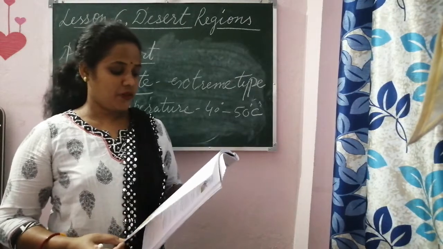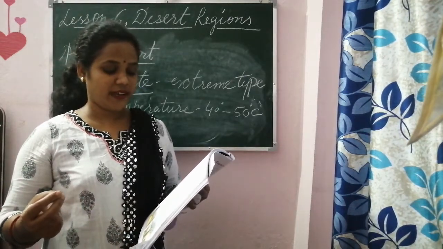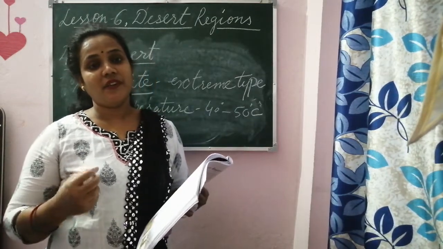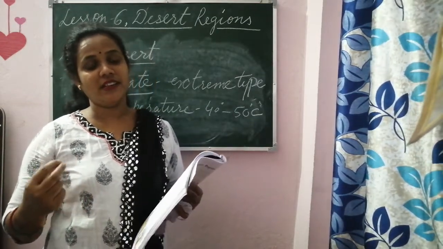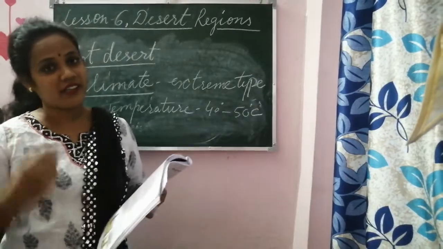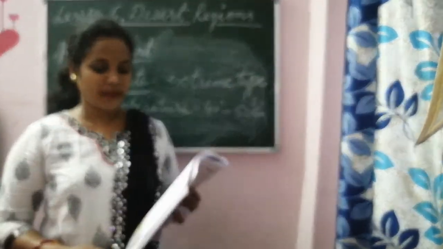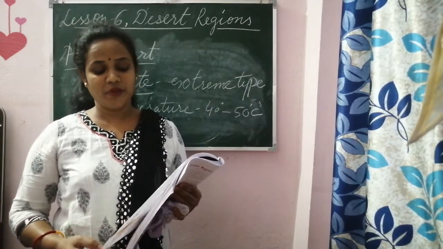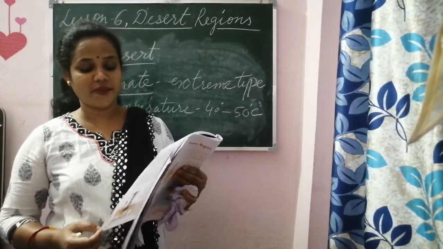Okay. So during colder periods of the year, night time temperature can drop to freezing point. And if it is winter season, during the night the temperature falls to 0 degree, freezing point. The rainfall is very little for a short period, and between them are long rainless periods.